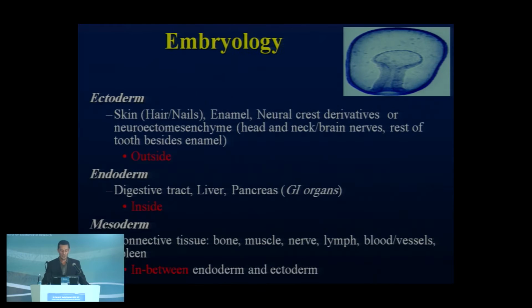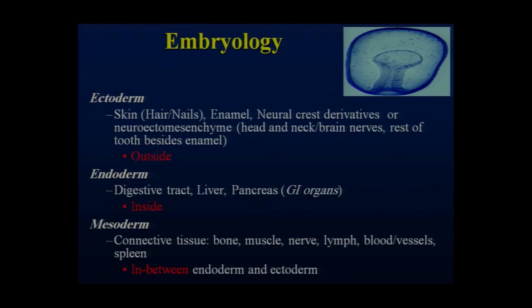All right. So where do these germ layers lead to? Ectoderm, we know, is skin, hair, nails, enamel, right? And then specialized ectoderm, called neuroectoderm or neuroectomesenchyme, gives rise to head and neck and brain, nerves, and the rest of the tooth, besides the enamel, right?